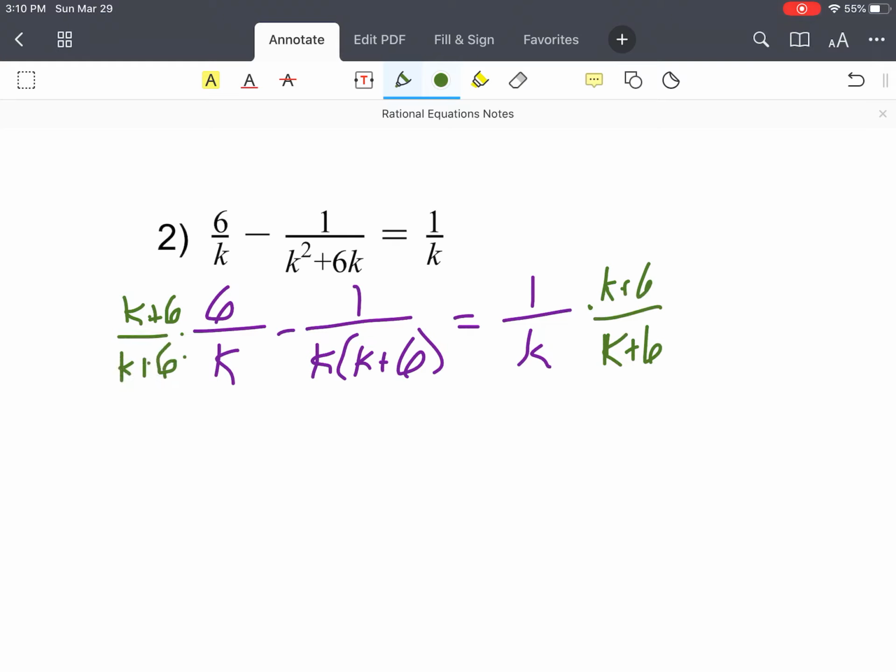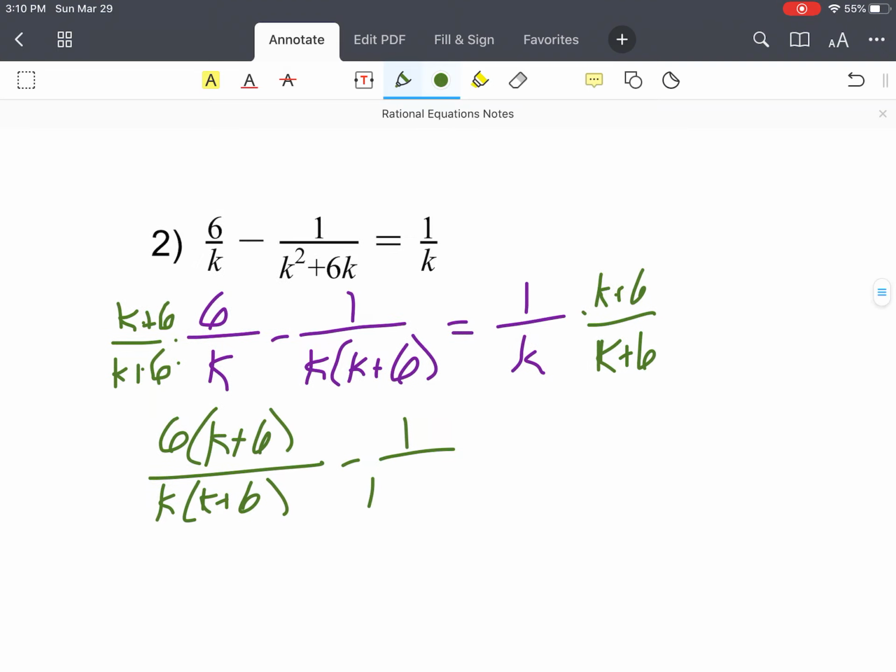That's going to leave us with 6 times k plus 6 over k times k plus 6, minus 1 over k times k plus 6, equals k plus 6 over k times k plus 6.